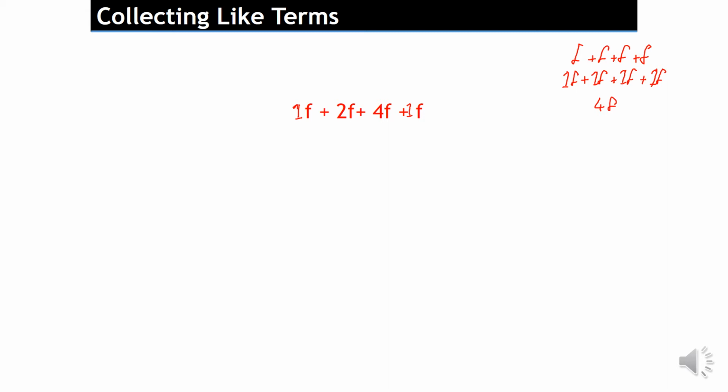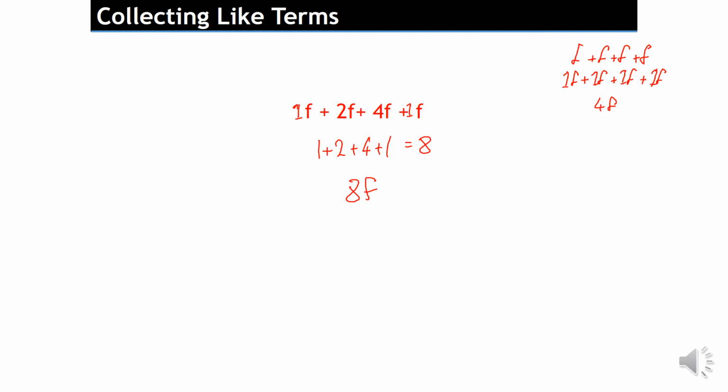So how many of the f's do I have altogether? I've got 1, add 2, add 4, add 1. So that is 8. So altogether I have 8f.